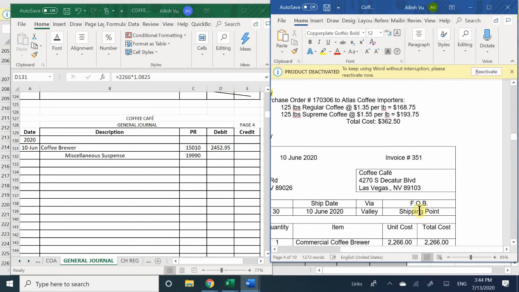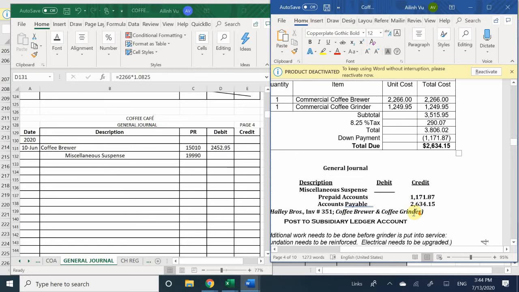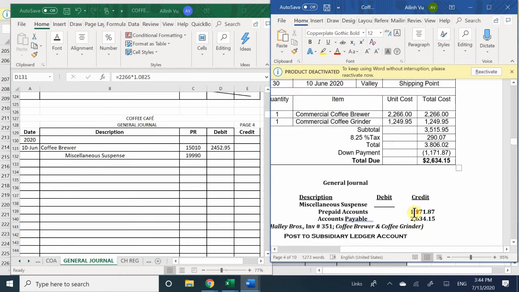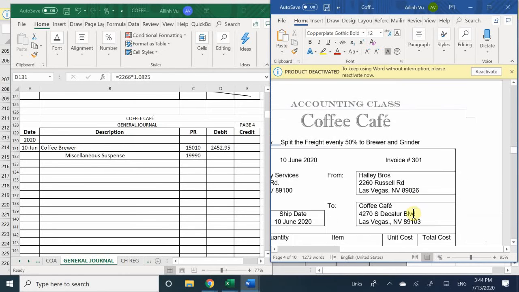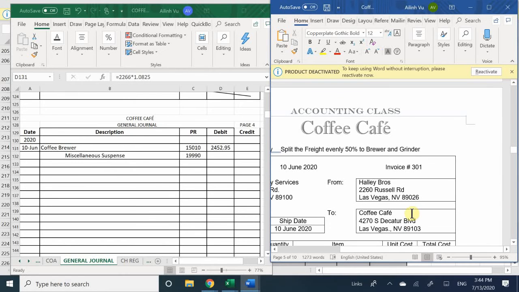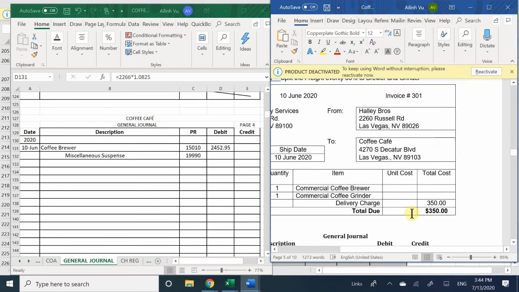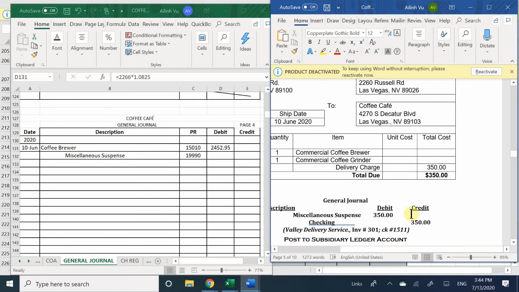So here I'm going to tell you what to do. I'm going to assume the freight is going to be split in half. So right here, assume freight charges 50% to brewer and grinder. So I'm telling you, as the accountant, not to calculate how much it costs. I want you to split it evenly, half and half, between the coffee grinder and the coffee brewer.